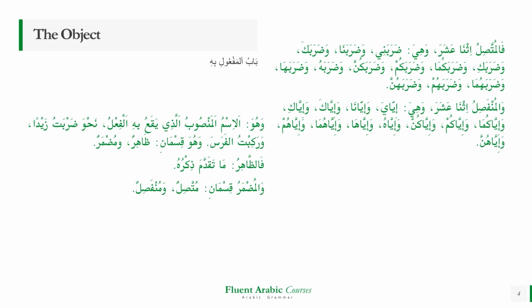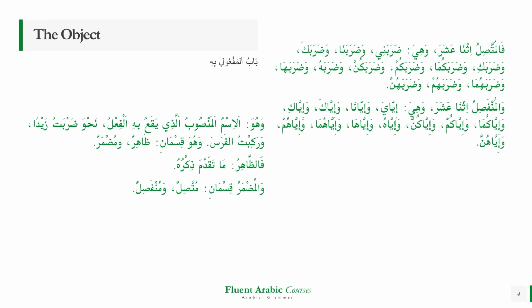Al-faras here is the object. وَهُوَ قِسْمَانِ. And the maf'ul bihi is of two types. ظَاهِرٌ وَمُضْمَرٌ. And this is the same classification we have come across multiple times already.